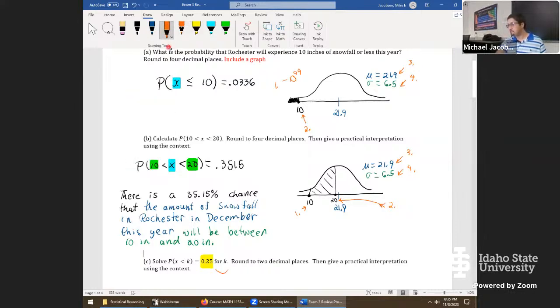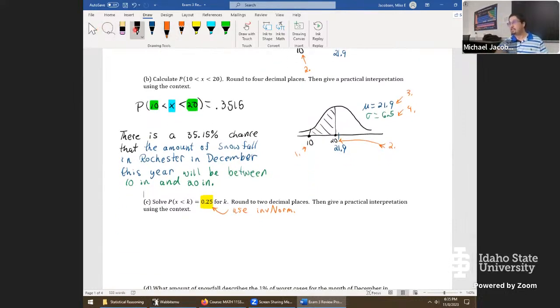So only because of a given probability, use I and V to stand for inverse and norm. And it's really a true inverse. If they give you an area, you can reverse engineer and get the X values. But if you get the X values, you can find area going backwards. It starts and finishes really the same kind of way, though.